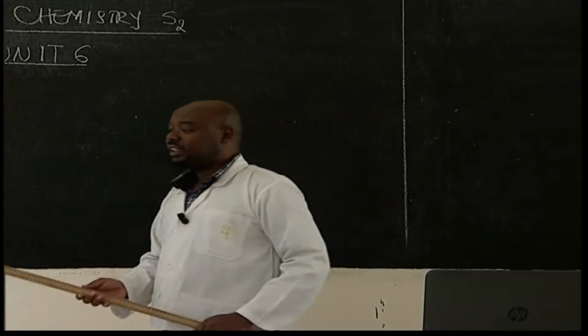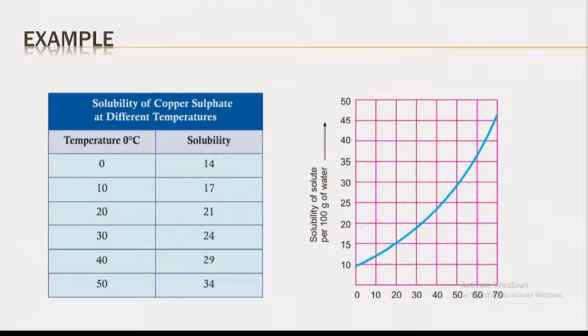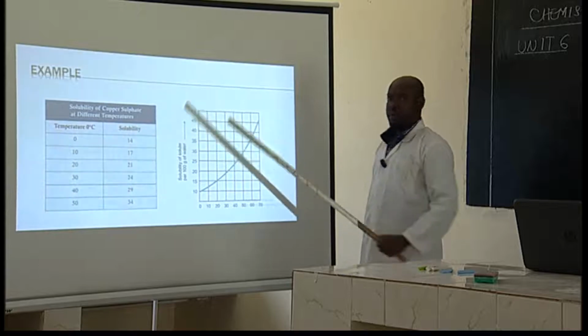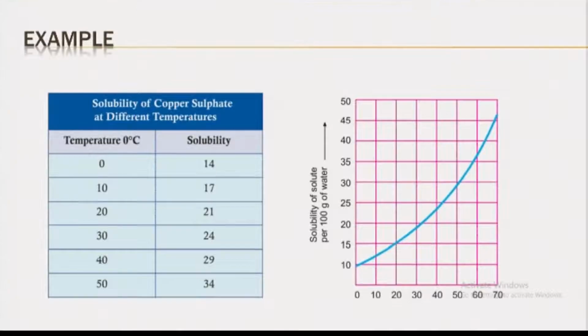Here we have an example: solubility of copper sulfate at different temperatures. This is the temperature in Celsius degrees, and here we have the solubility. Remember, solubility is the amount of solute in 100 grams of a solvent, and here we are talking about water.